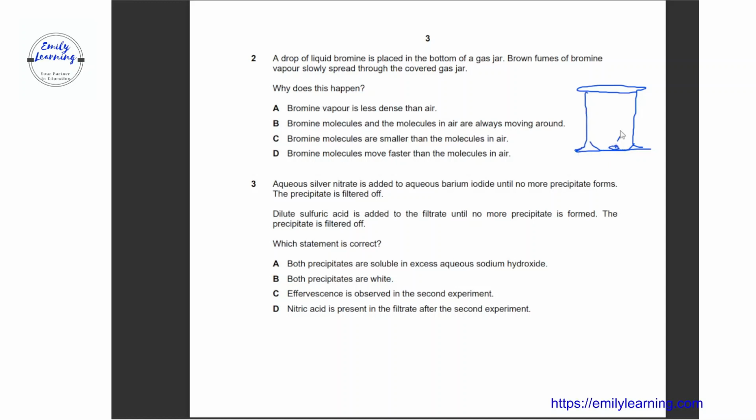The bromine will slowly vaporize. After it vaporizes, it fills up the entire gas jar, so you see that the entire gas jar is now brown in color.